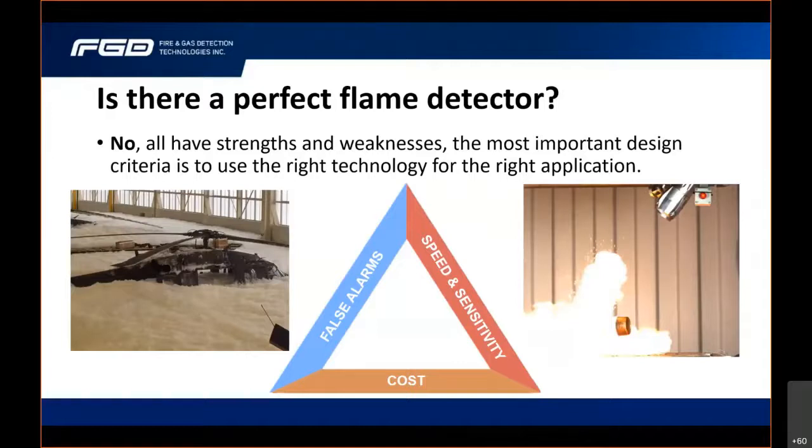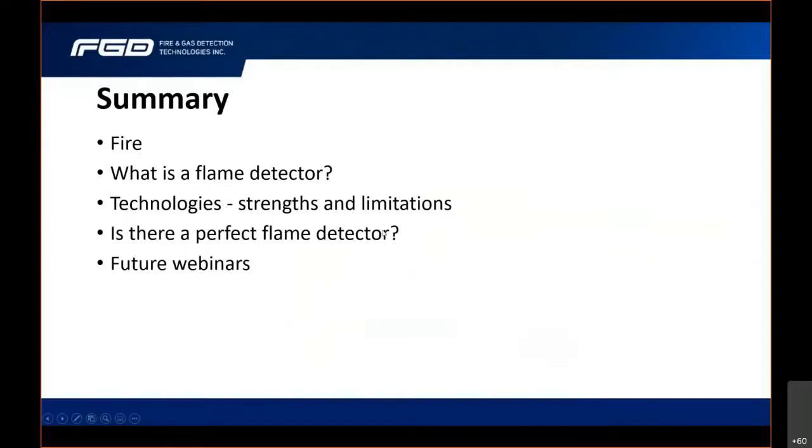So moving on, we've come to the end of the presentation itself. This presentation is entitled a beginner's guide to flame detection. And so what we've basically done is review the flame detection technologies that are commonly used, understand their strengths and limitations. Coupled with that, we get a good feel for the environment in which the detectors are able to operate.